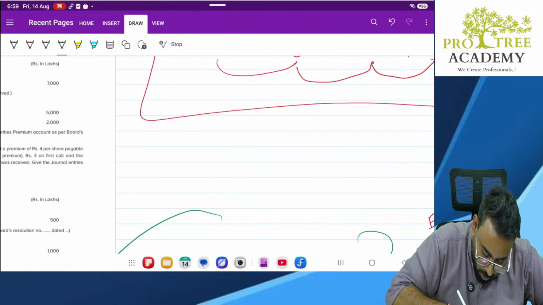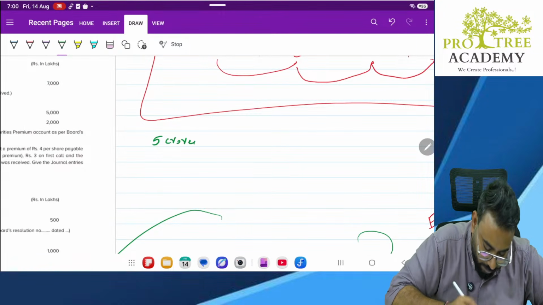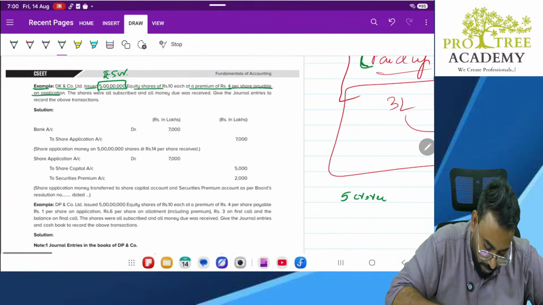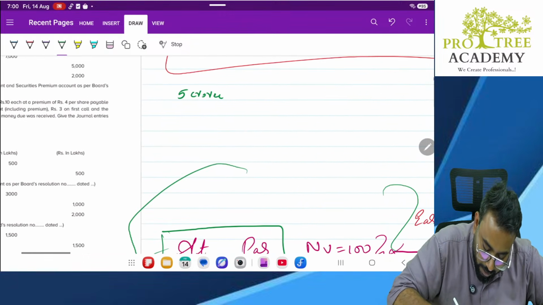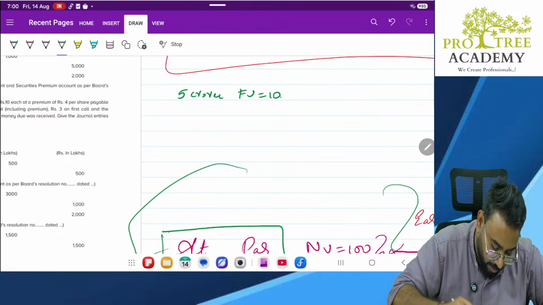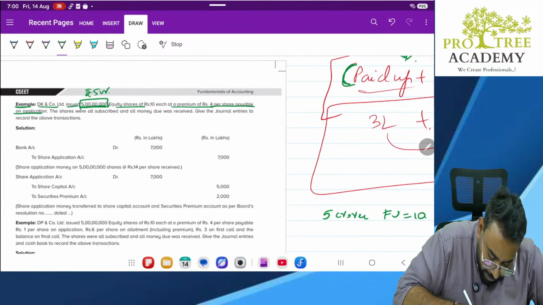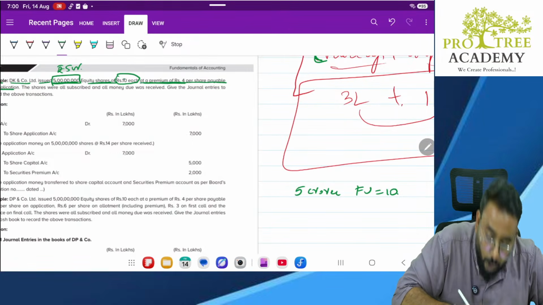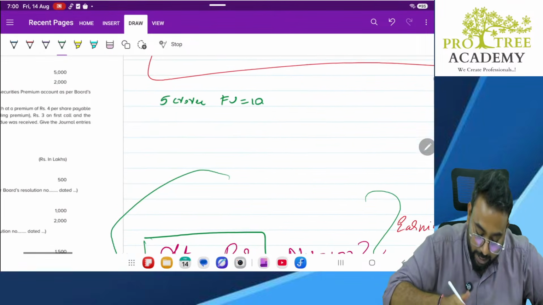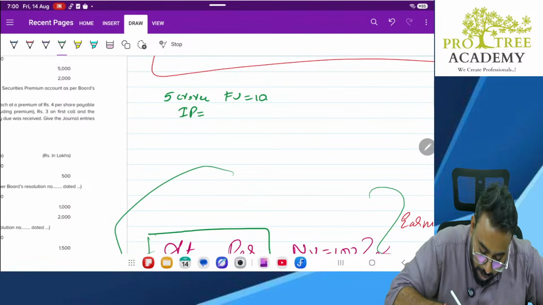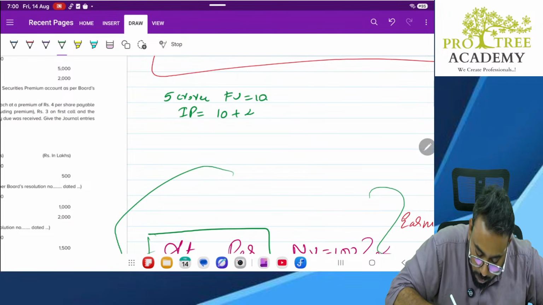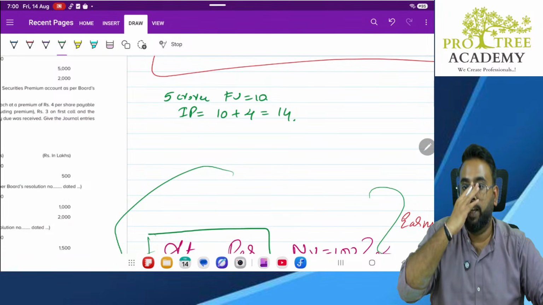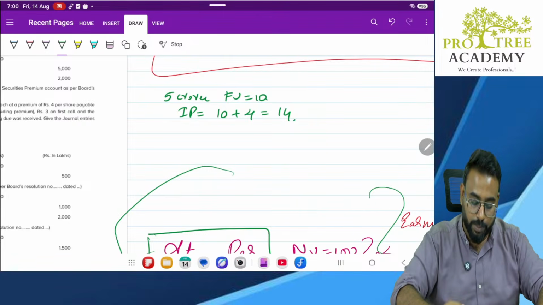How many shares are issued? 5 crore. Each share has a face value of 10. At a premium of 4 per share. That means it is not issued at face value, it is issued at face value plus premium, that is 14 rupees.